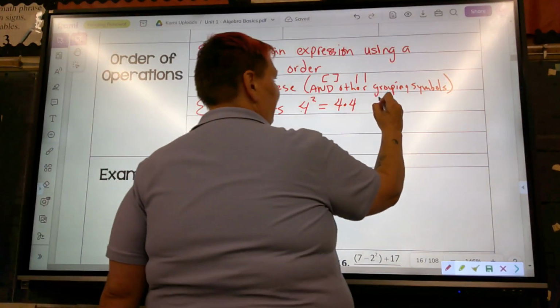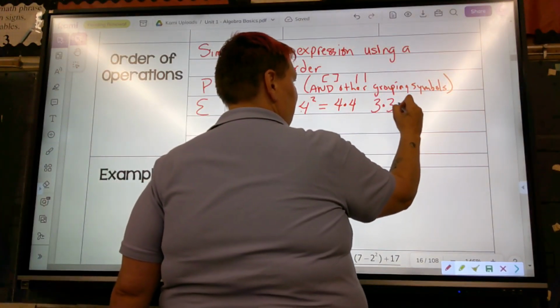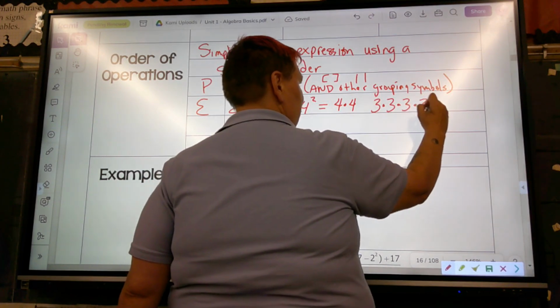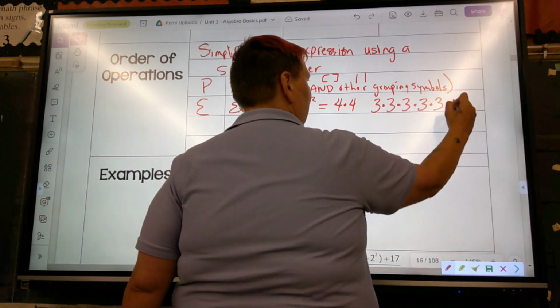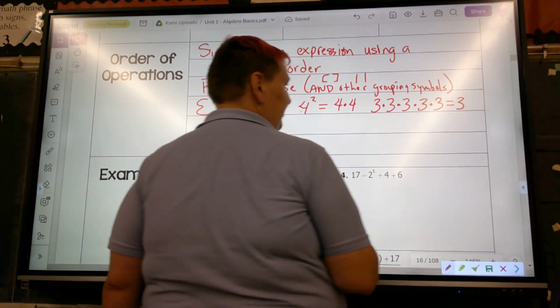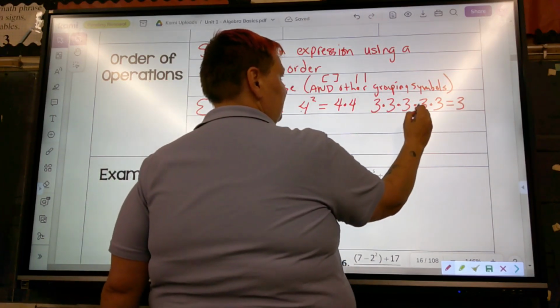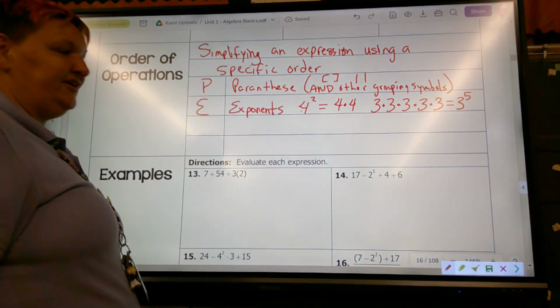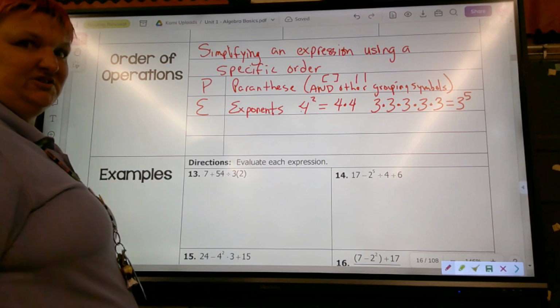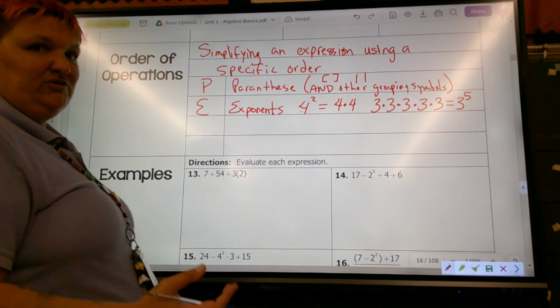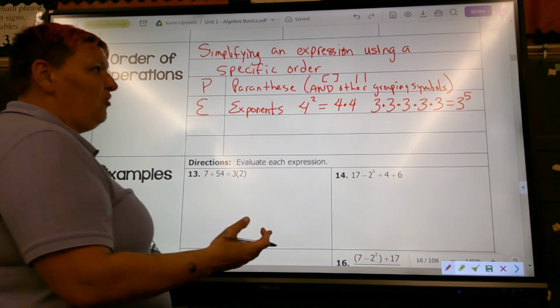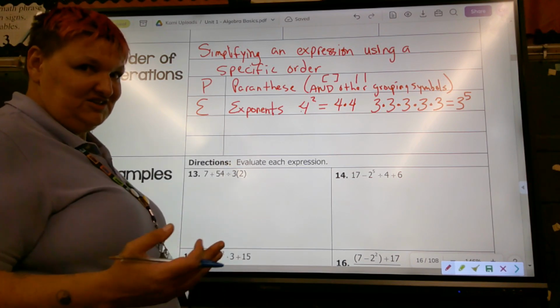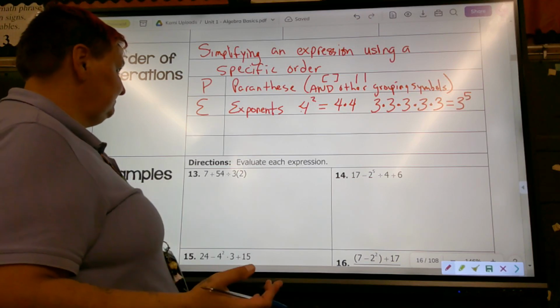An exponent is just repeated multiplication. So instead of writing 3 times 3 times 3 times 3 times 3, we can write the base is 3, 1, 2, 3, 4, 5 times, 3 to the 5th power. That's all an exponent is, repeated multiplication. I mean, when you think about it, that makes sense because all multiplication is repeated addition. Right?